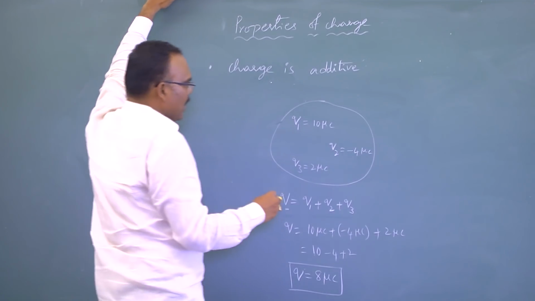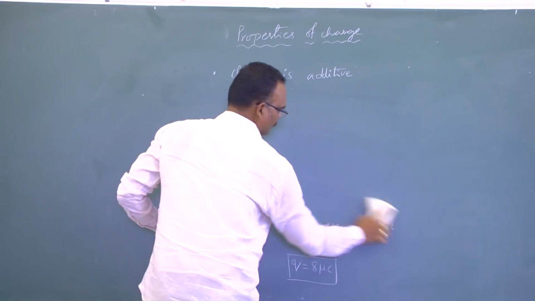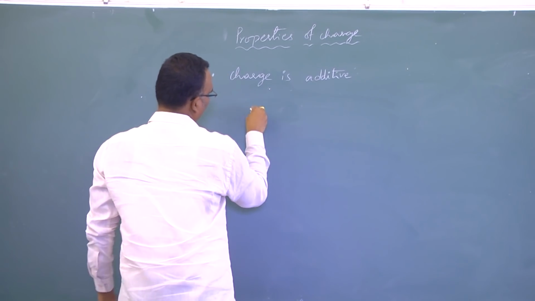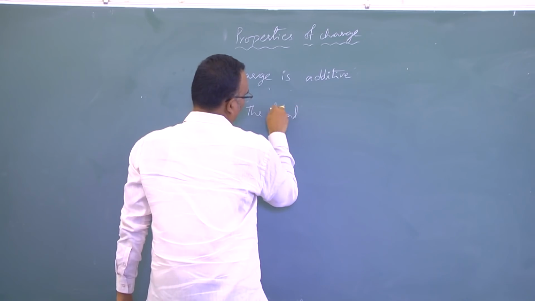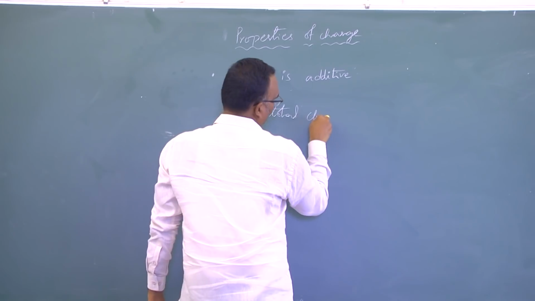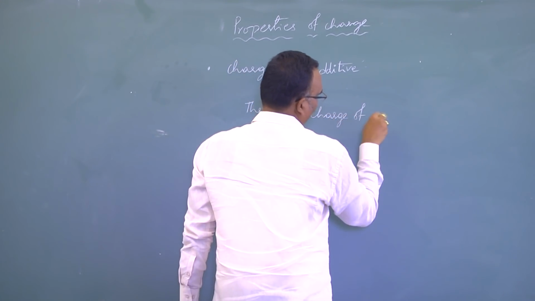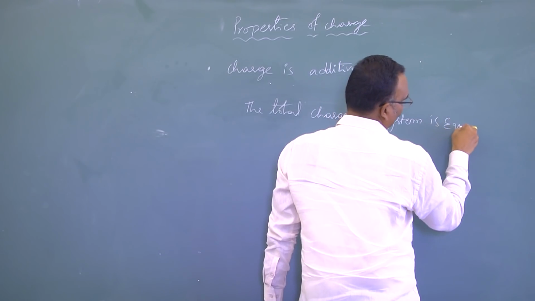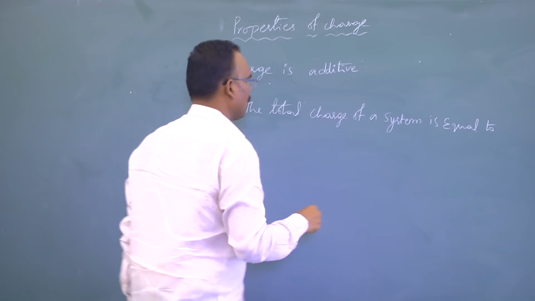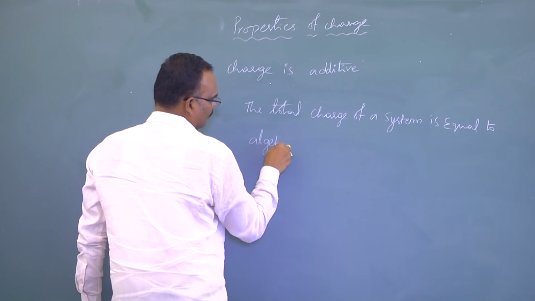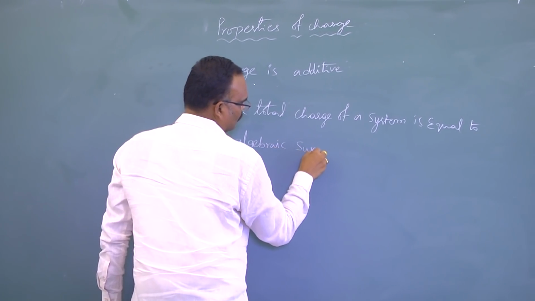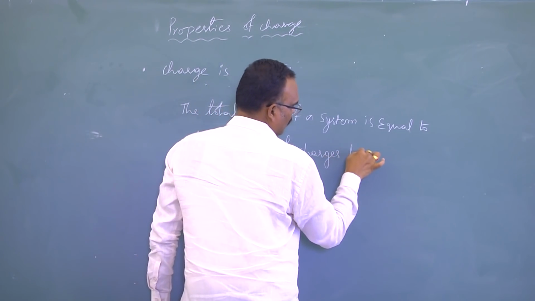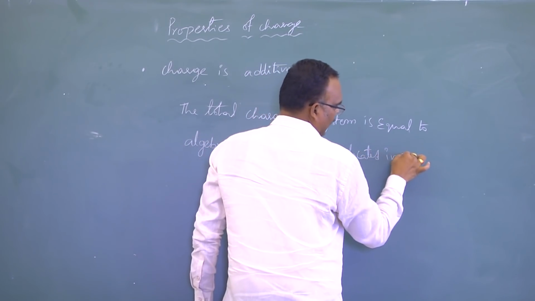That means the total charge of a system is equal to the algebraic sum of charges located in the system.